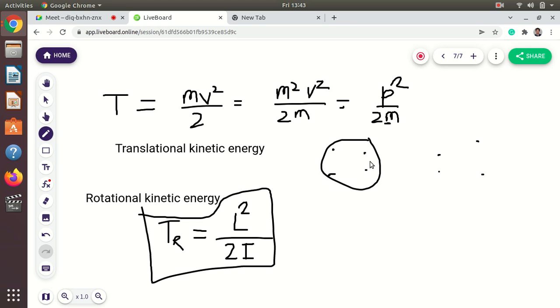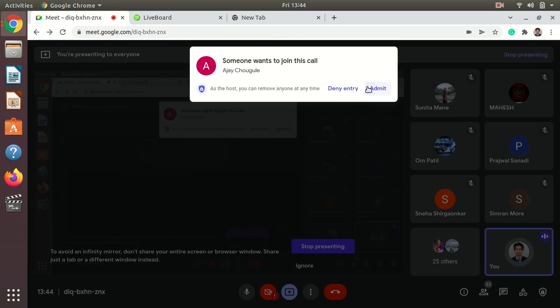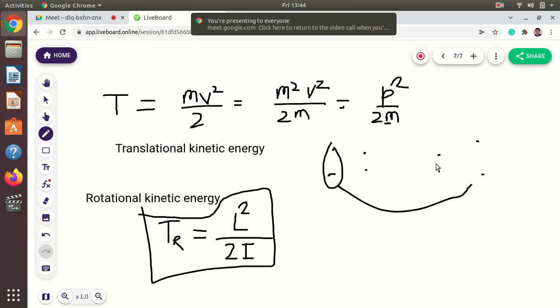These particles are at a very short distance, and these are separated by a very large distance, so they are reversed. This side has become the right hand side and the right hand side has become the left hand side. So you can see there is some change if a system of particles is there.